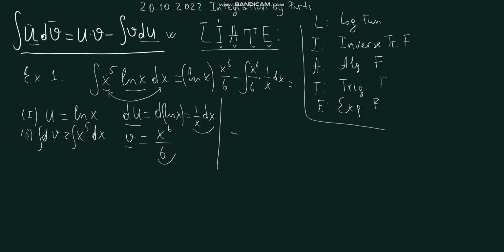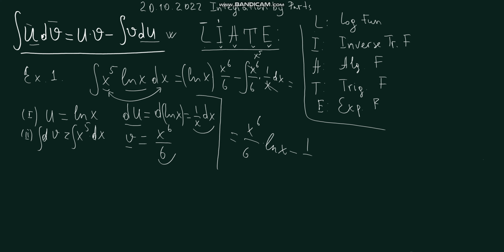So from here we find that our integral will be x to the 6th power over 6 multiplied by ln of x, minus, we reduce x and x to the 6th power, so we have x to the 5th power, and 1 over 6 is a coefficient.